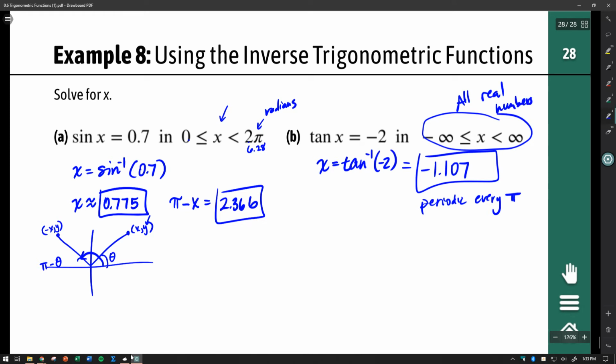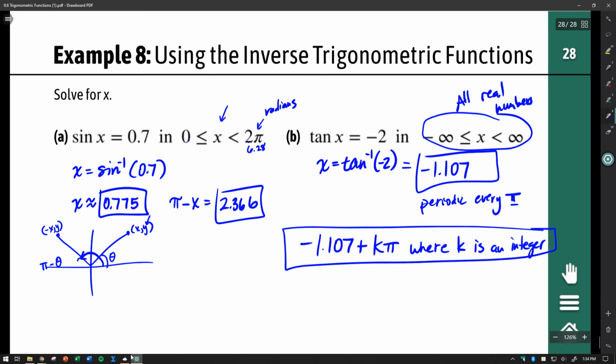Okay, well, if tangent values repeat themselves every pi on the x-axis, then this is one of our answers, negative 1.107, plus multiples of pi, let's say plus k pi, where k is an integer. So there's actually an infinite number of answers to that one, but we got the first with the graphing calculator. And that ends our videos on trigonometry.